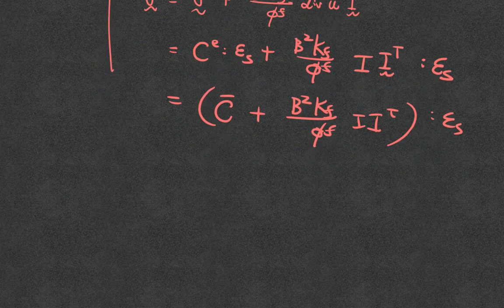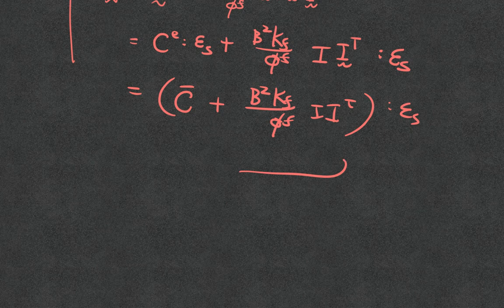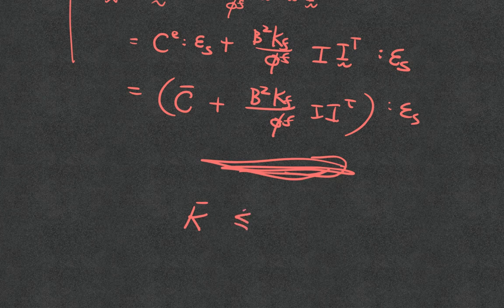So now, I will still have this extra term that will allow a little bit of compaction, but that compression will vanish when K_f goes to infinity. So in general, the K matrix will be much smaller than K_f, and K_f is much smaller than K_s for most cases. Okay, you see what I mean?